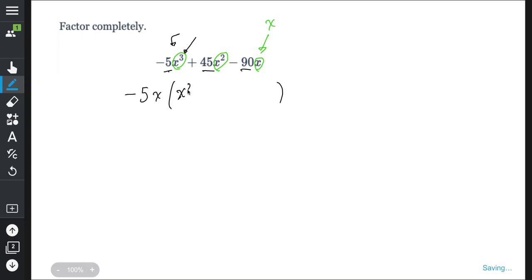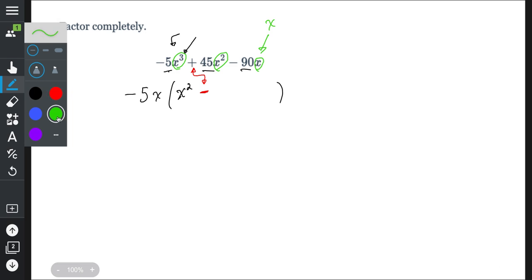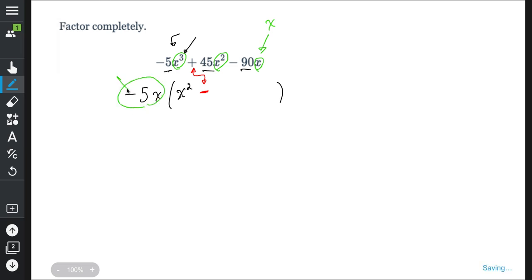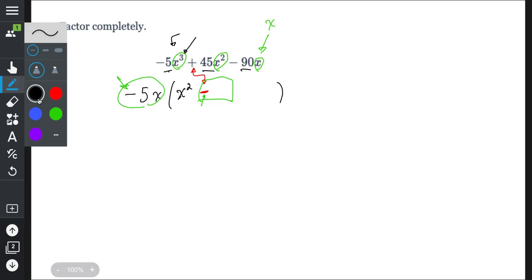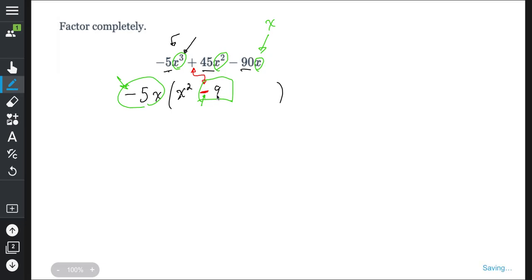Let's make room for our trinomial. And we're just going to have x squared. Now, this sign is going to change, because in order to make positive 45, we need to multiply a negative right there with another negative number, because negative times negative makes positive. And we're going to have 9x, since we have 1x here and 1x here. That makes us our 2x's.